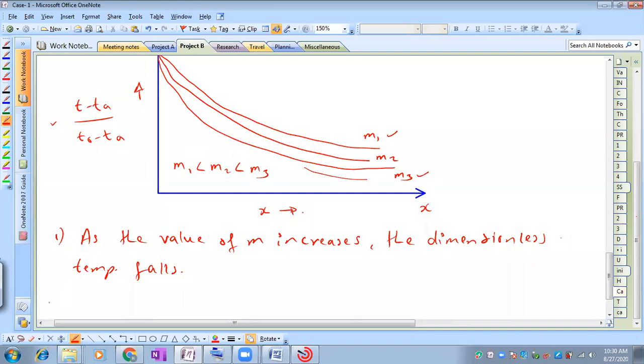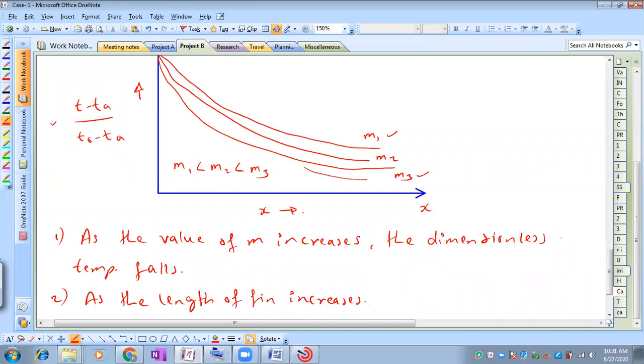And what will happen as the length of fin increases? What is the length of fin? x is the length of fin.